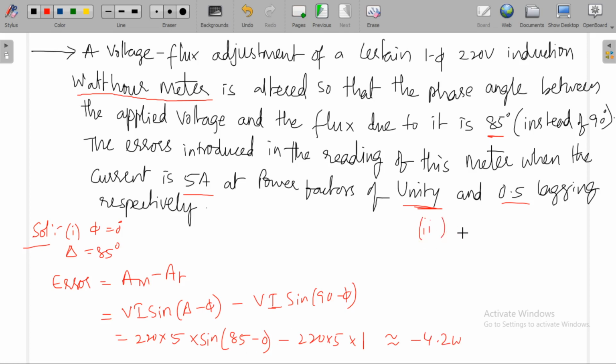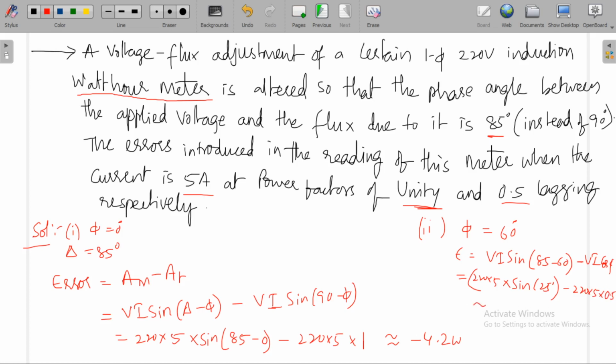Similarly, case 2, when cos phi is equal to 0.5, means phi is equal to 60 degrees. So error is equal to measured value VI sine of 85 minus 60, minus VI cos phi, which is equal to 220 into 5 into sine of 25 degrees, minus 220 into 5 into cos phi, which is 0.5.